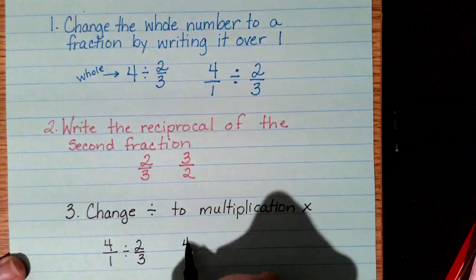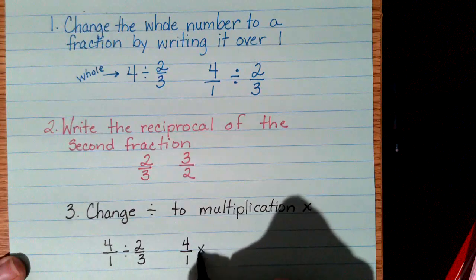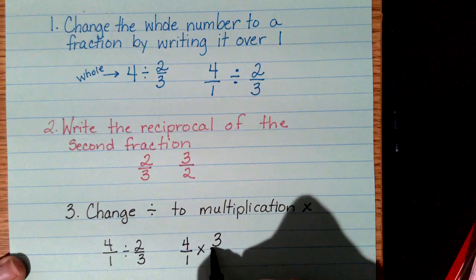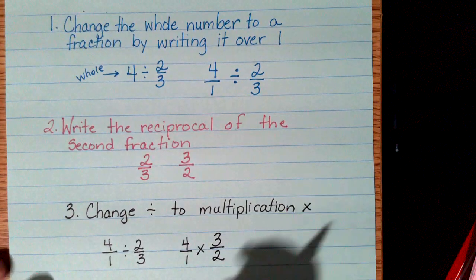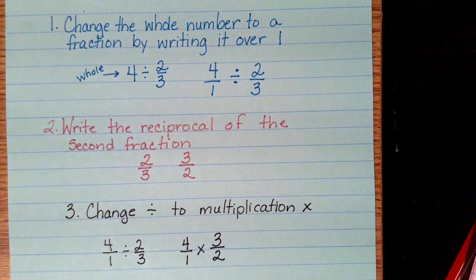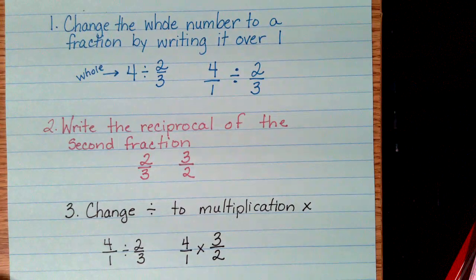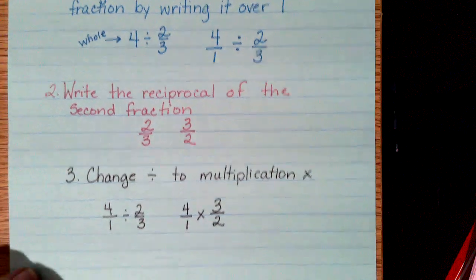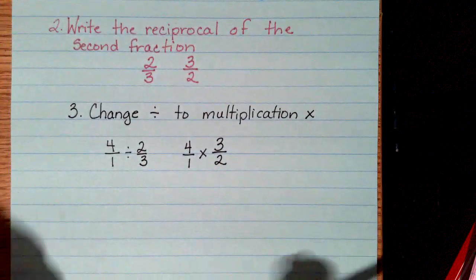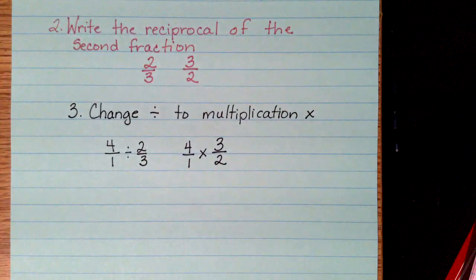And now it's going to be 4 over 1 times 3/2. So we've written the reciprocal, we've inverted, and now we're at a place where we can do step 4. And this is actually multiplying the fractions.